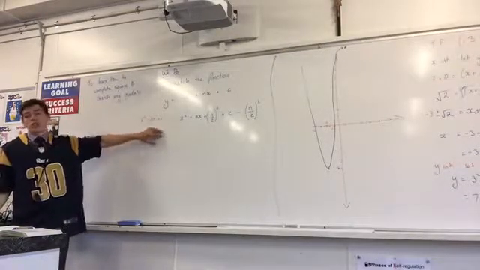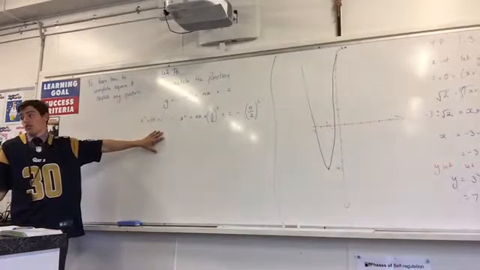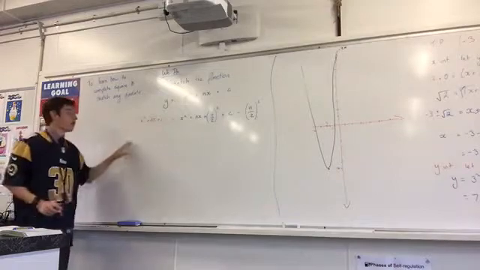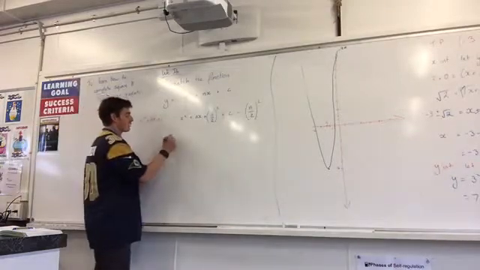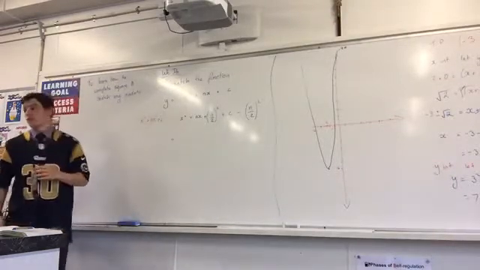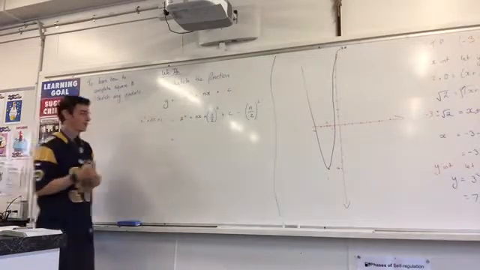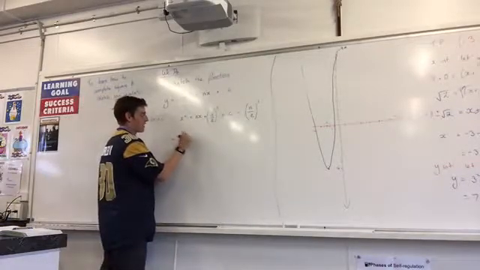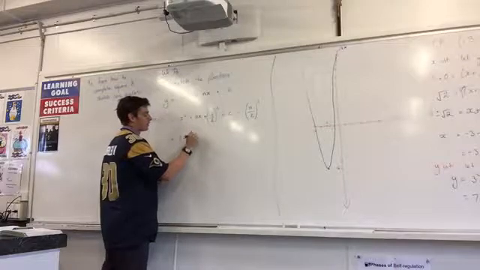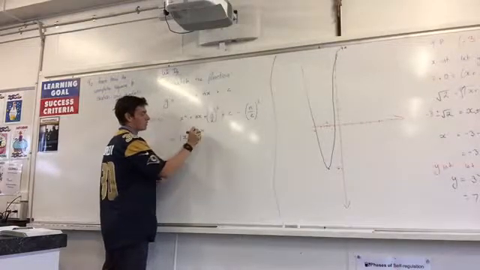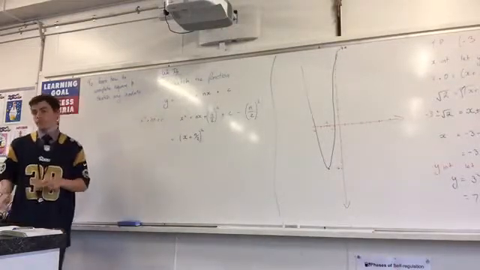If you would like to check, you can throw some numbers in. Why did I add the n over 2? Because my next step is to get x plus n over 2 squared.